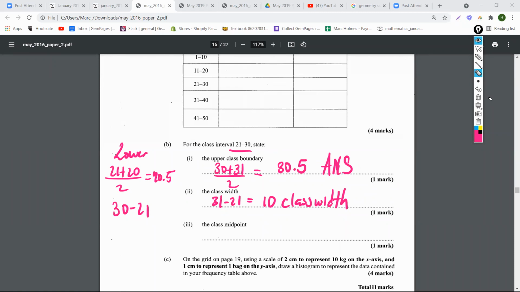Wait, sir, like for the midpoint, yeah, lower class, upper class, plus. Lower class limit, upper class limit. So guys, how do we calculate the midpoint now?